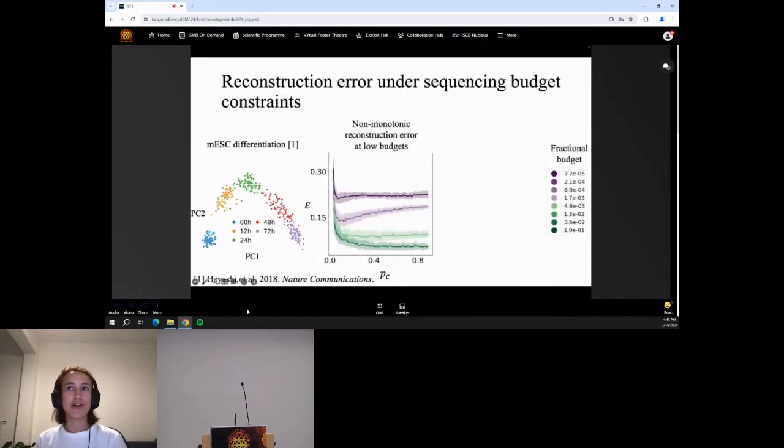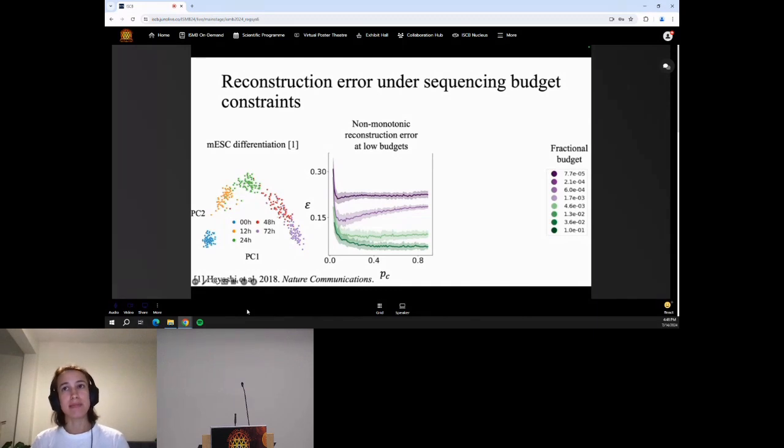To explore the trade-off between breadth and depth, we compute the reconstruction error across a range of sequencing budgets. Near the y-axis, we have samples with few cells and many reads, while towards PC equals 1, we have samples with many cells but few reads.